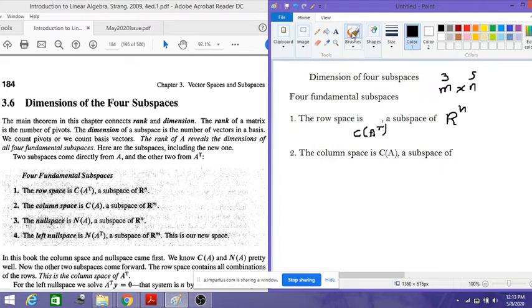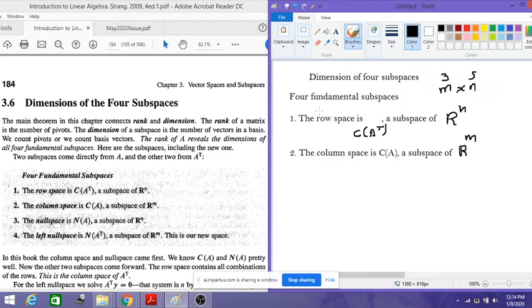Now, for the above example, it is actually R power 3. It relates to a three-dimensional case. So the column space is a subspace of three-dimensional space. Whereas if I write this in general form, it will be R power m.